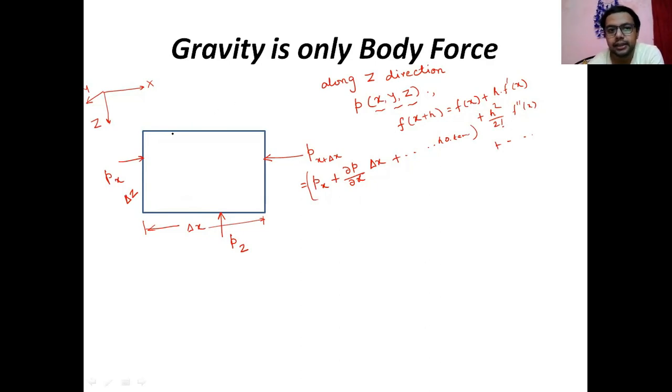So what is the pressure here? The pressure at z plus delta z is nothing but Pz plus dP by dz times delta z, plus higher order terms.